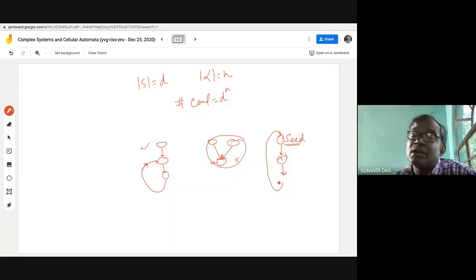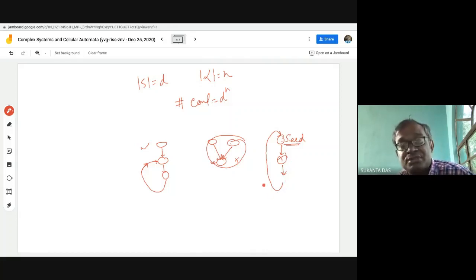So therefore, after some configurations, it has to come back to the initial configuration, right? Because the system is finite. So therefore, you'll always get this kind of cycle.